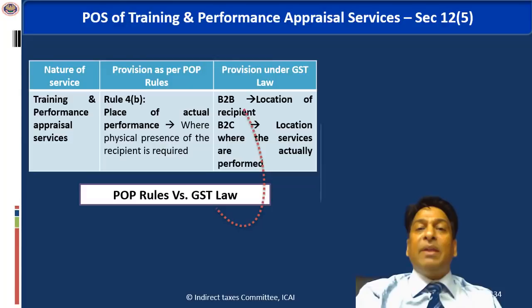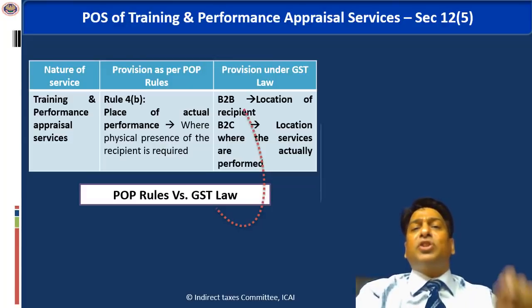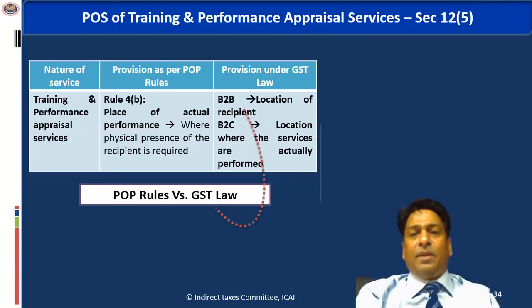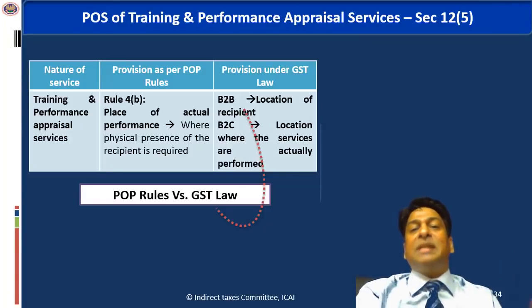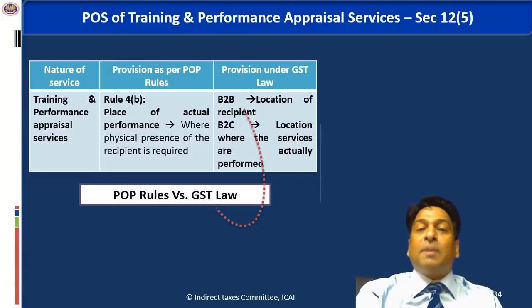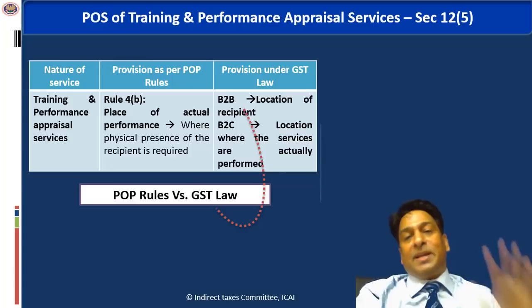When we look at section 12, subsection 5, it says if the transaction is B2B, registered supplier to registered recipient, then the place of supply will be the location of the recipient.